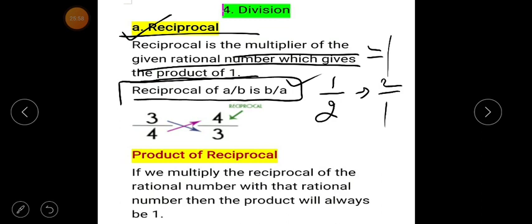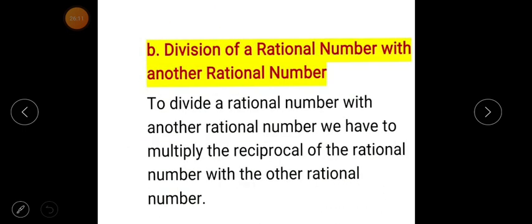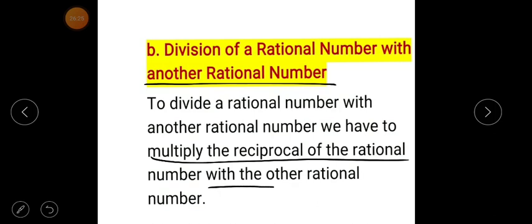Product of reciprocal. When we multiply the reciprocal of a rational number with the rational number, the product is always 1. Division of a rational number with another rational number. When we are dividing two rational numbers, we have to multiply by the reciprocal of the other rational number.